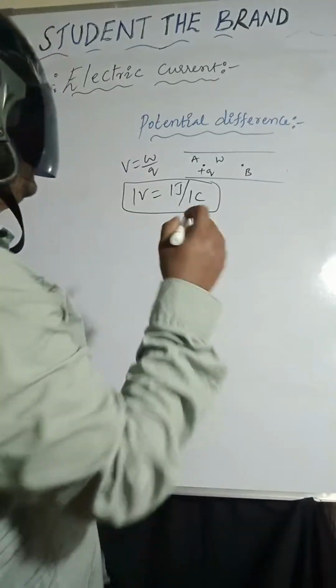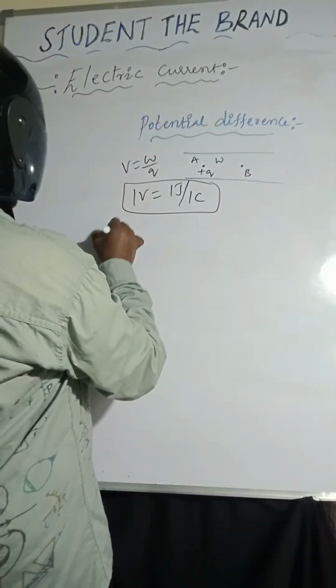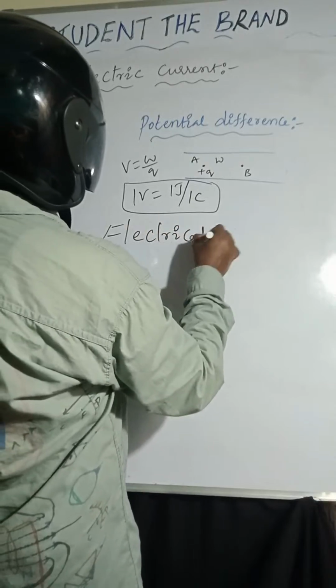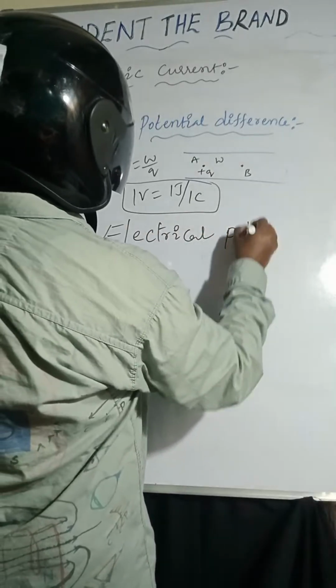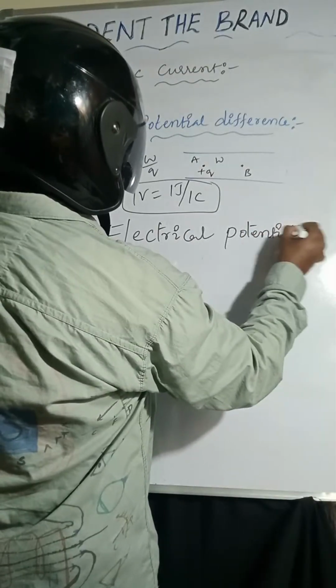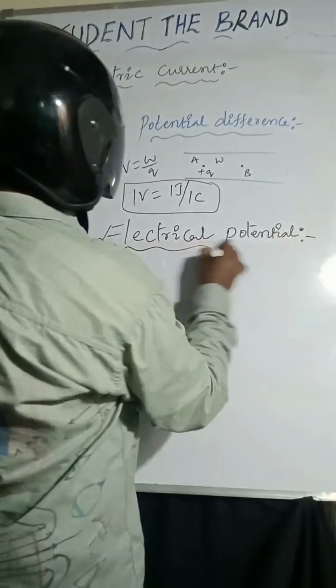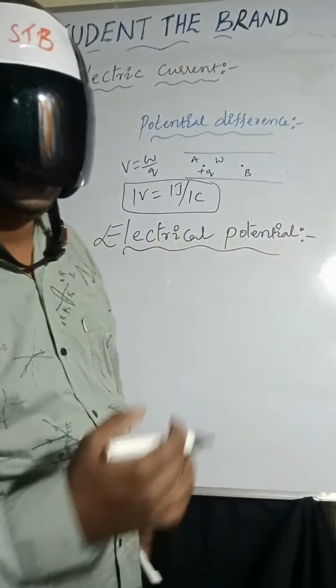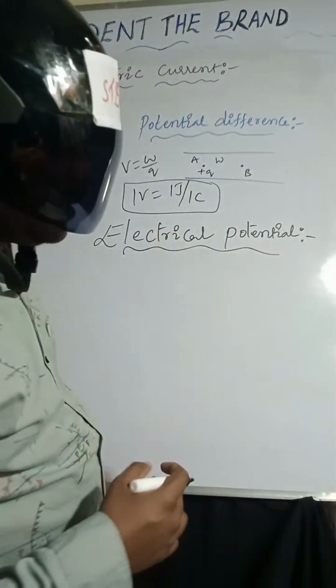Coming to electrical potential. Electrical potential is the work done to bring a unit positive charge from infinity to the required field.